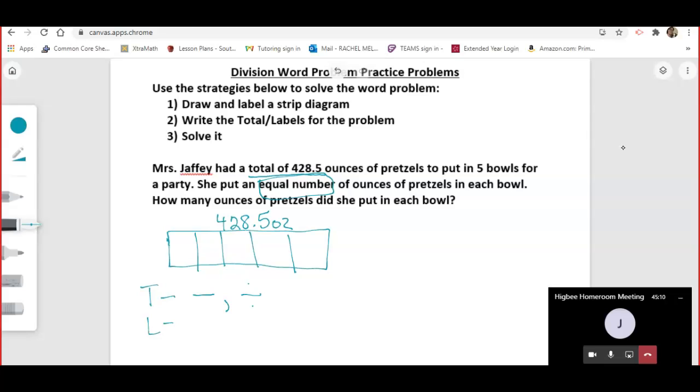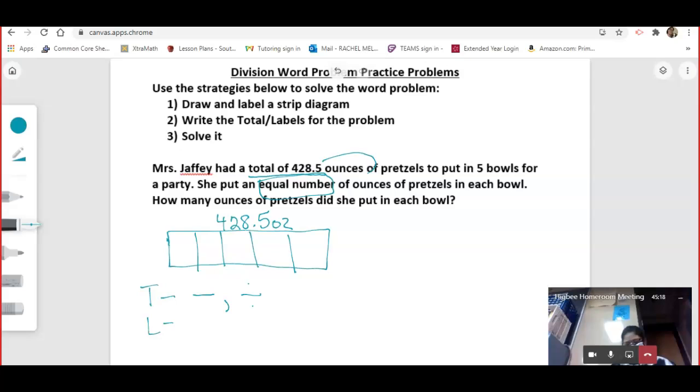Are our labels the same or different? We have ounces and bowls. That's different, right? If my labels are different, what are my choices? Multiply and divide. Very good. So I can see that I'm going to need to divide.